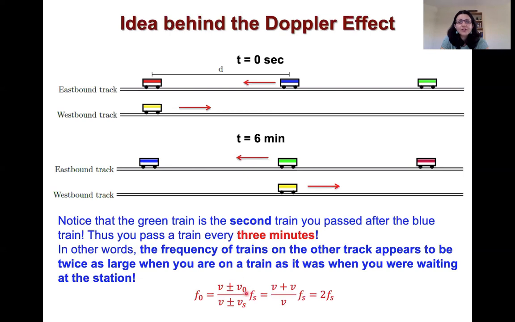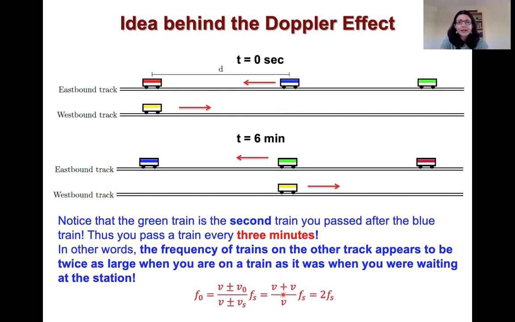Now the observer is you in this yellow train, and you're moving with the same speed as the source is moving, because you're moving in such a way that you move this given distance every 6 minutes. So the speed of the source, again the eastbound trains, is the same as the speed of the observer.